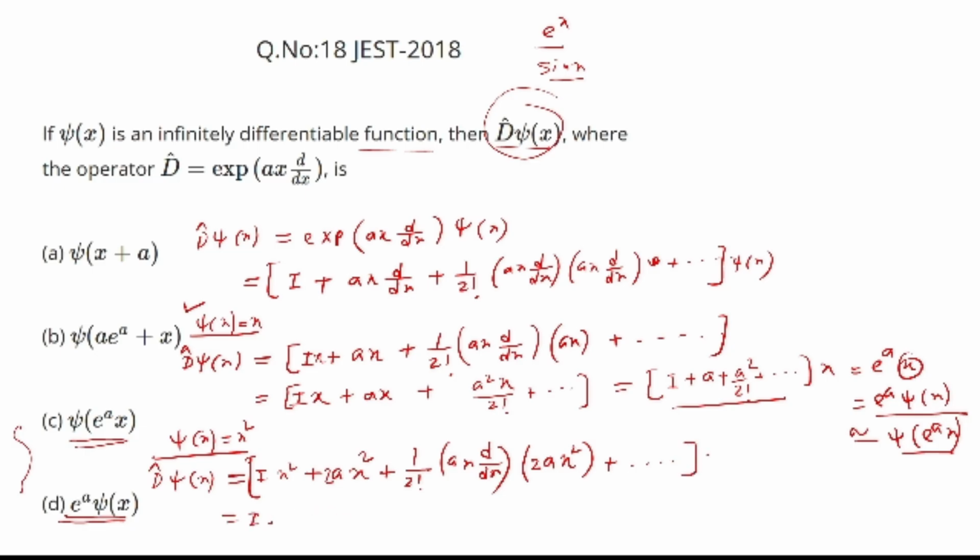So I x squared plus 2a x squared plus 1 by 2 factorial. Now here 2a is common, so it will be 2a squared, and again the derivative of x squared is 2x, so 4a squared x squared, and so on.